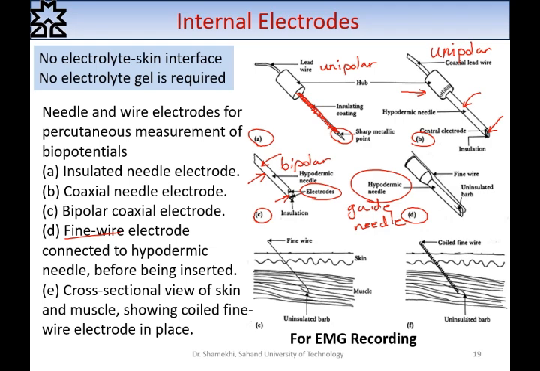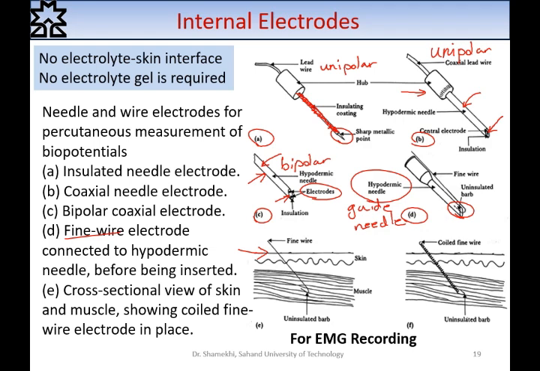We put the tip of this fine wire inside the hole of the needle, and we insert the needle inside the tissue, and therefore we will pull out the needle, and after that we can use the fine wire like this to record signal.